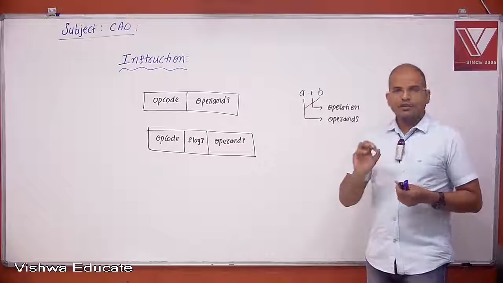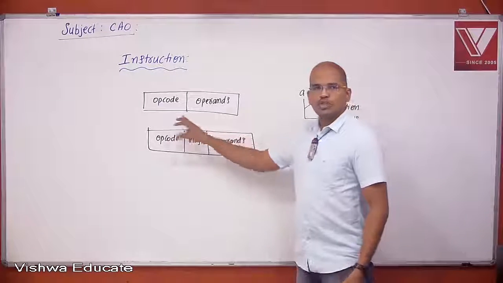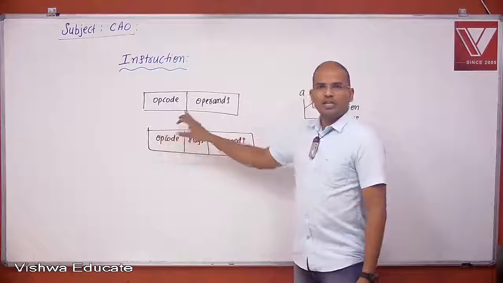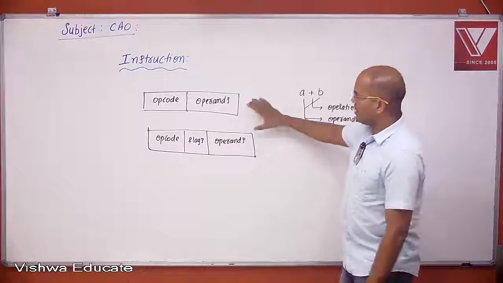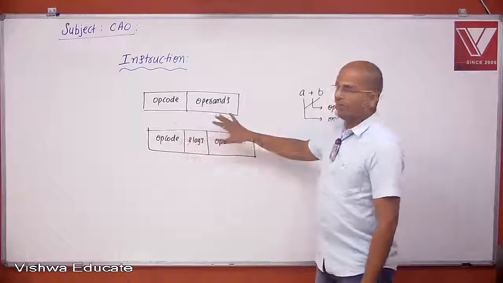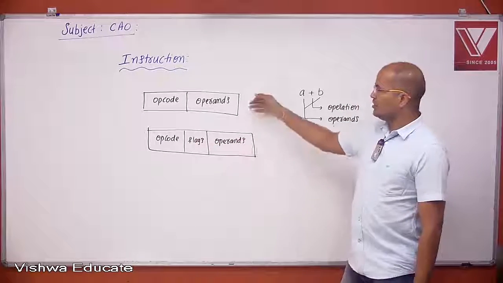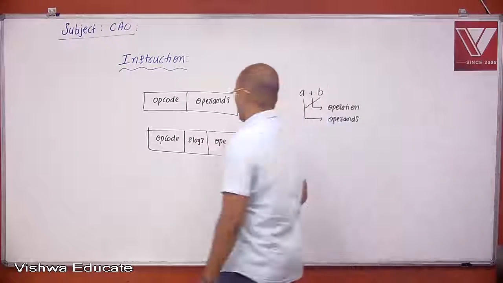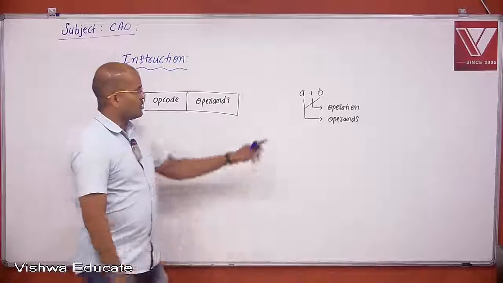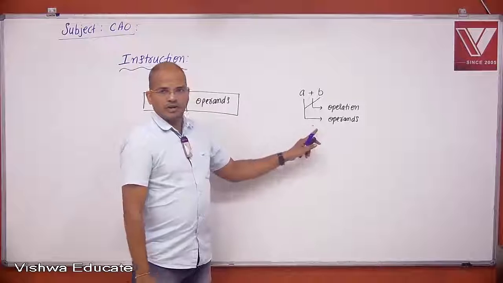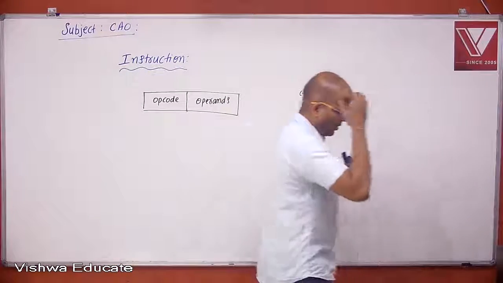But by default, any instruction should have these two things for sure: opcode as well as operand. Right? Now, let me stick with these two, opcode and operand. And this is the advanced level format of this thing. Clear? I hope now you got an idea about what is operation and what are operands. Clear?